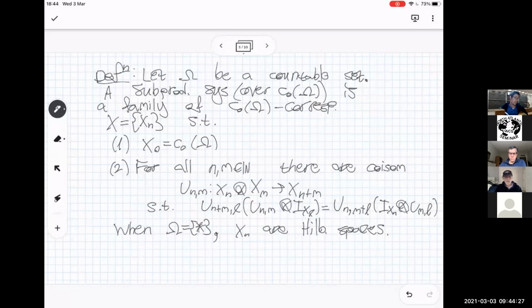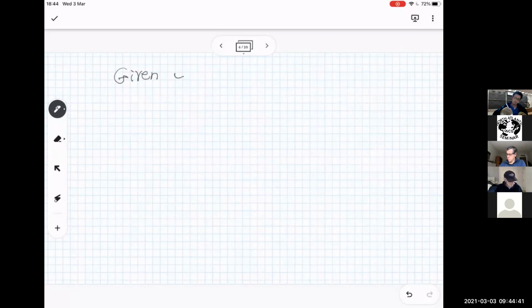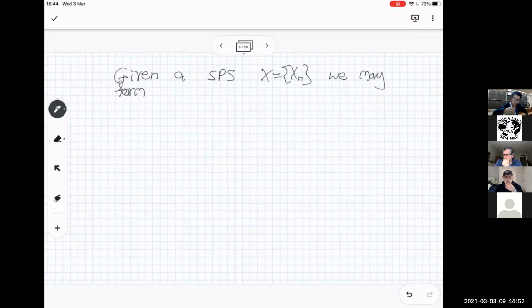Okay. All right. So I think I'm going to skip this. And now I want to define some operator algebras associated to these subproduct systems, and then give some examples. So given a subproduct system X equals (Xn), we may form its Fock space. What is the Fock space of the subproduct system? It is just the direct sum over m equals 0 to infinity of Xm.